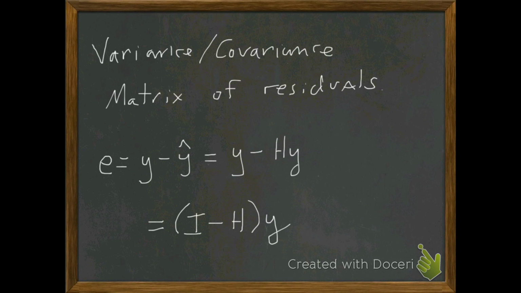Now, back in the new days when we're taking like 2x plus 4, we can just factor the 2 out and get x plus 2. But notice we have to be careful here because we have to end up with the h on the left side and the y on the right. So this is why I factored out the y this way. So guys, we have that the errors can be found by taking the identity matrix minus the hat matrix times our Y matrix.